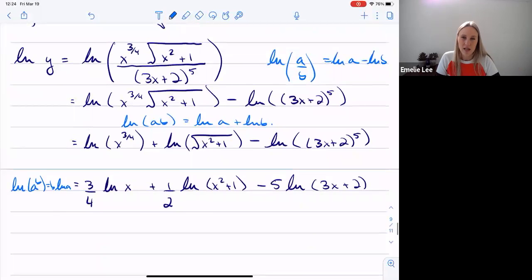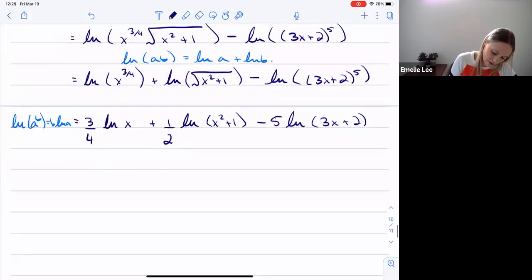Remembering that the left-hand side is still equal to the log of y, right? So when we take the derivative, which is in the next step, with respect to x, we still have to use implicit differentiation and multiply by our y prime. But besides that, there's no y's on the right-hand side, so we're kind of free to go.